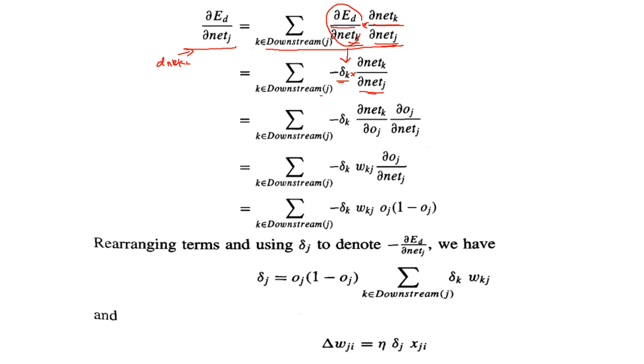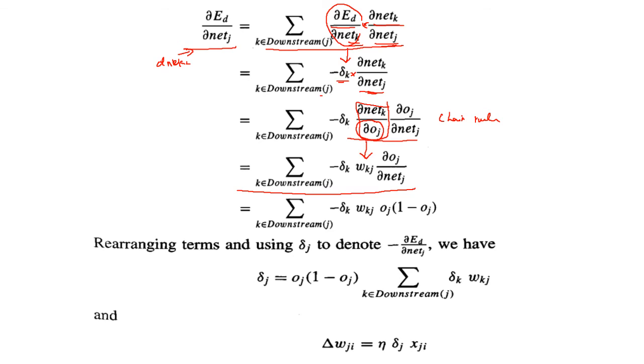Now we have to include the differentiation of output in the equation by applying the chain rule. So we have to rewrite the equation in this form, and here we know this particular term is nothing but Wkj. Now we have to rewrite the equation in this form, by substituting Wkj in the place of differentiation of net k divided by differentiation of Oj.